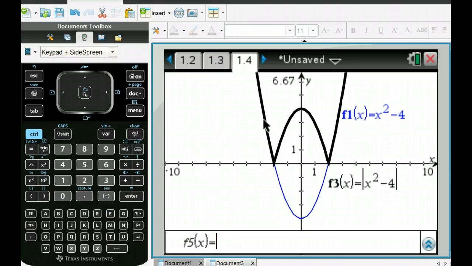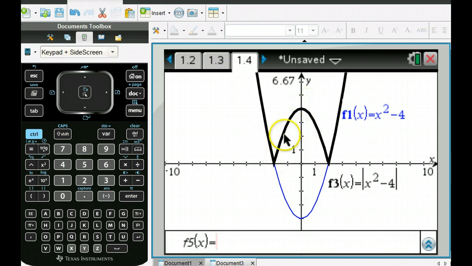And if you notice, everything that was below the x-axis before, after we take the absolute value, will be above the x-axis now. Now what happens with this is that we end up with what we call 2 or 3 pieces, honestly. This piece on the outside and this piece on the outside both belong to this function, x squared minus 4.